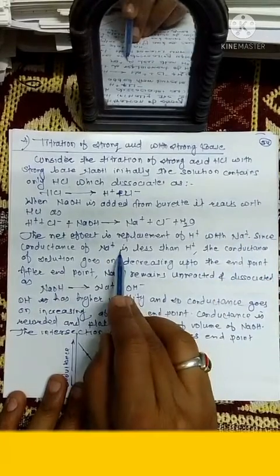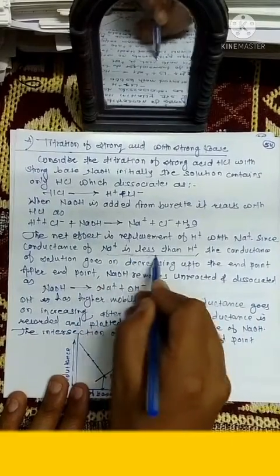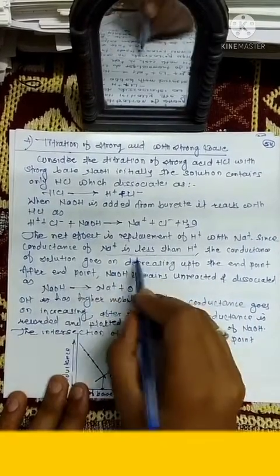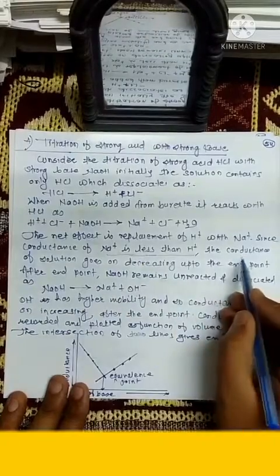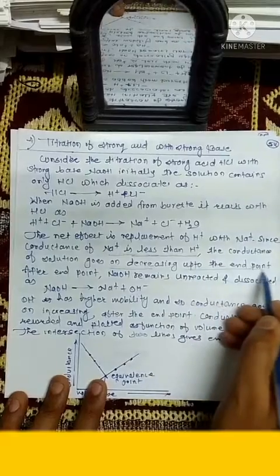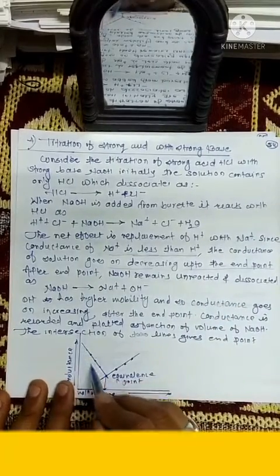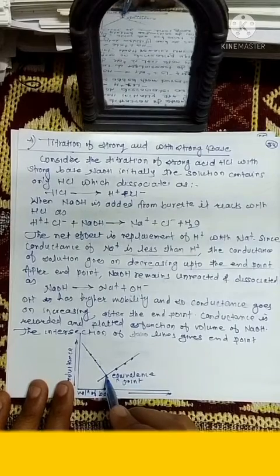Since the conductance of Na plus is less than that of H plus, the conductance of the solution goes on decreasing up to the end point. Just see in this graph, initially the conductance decreases up to the end point.